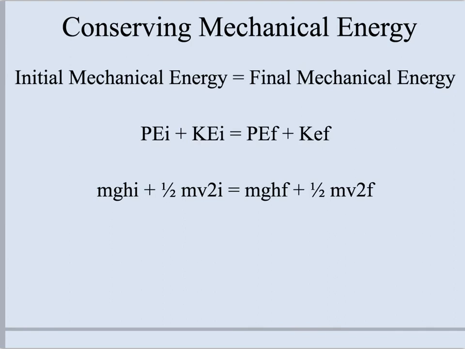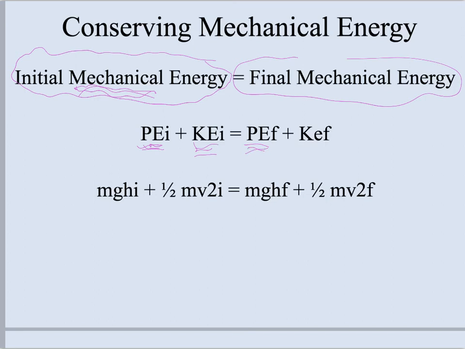So here's our formula for the conservation of mechanical energy. Now you'll notice that it starts out just putting initial and final on both sides, and as we go through it, we know mechanical energy can be either potential or kinetic. So whatever the potential energy is at the beginning, plus whatever the kinetic energy is at the beginning, should equal the potential energy at the end plus the kinetic energy at the end. Okay. Well, what's the formula for potential energy?